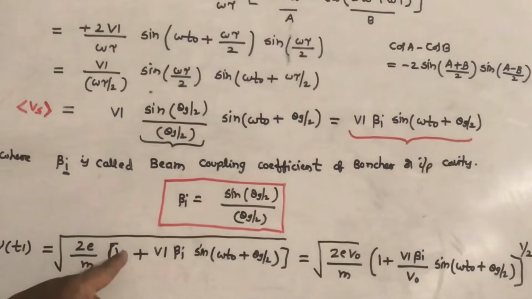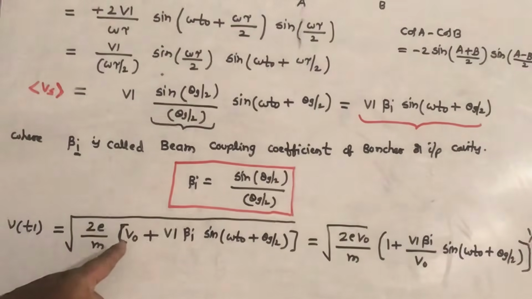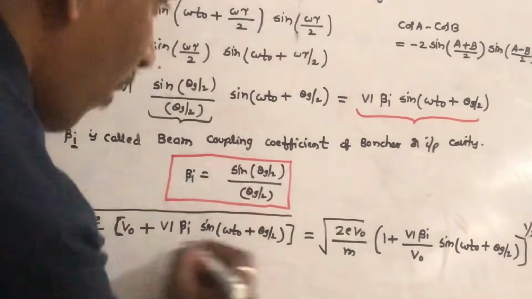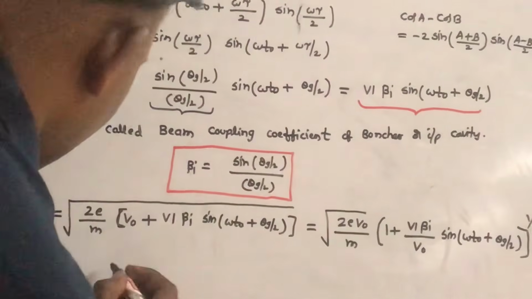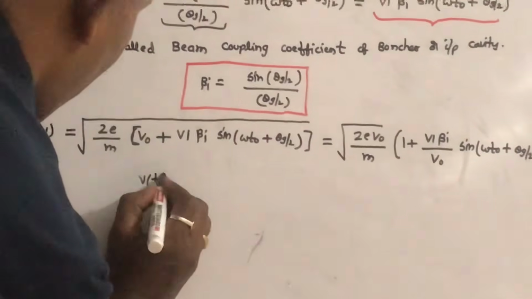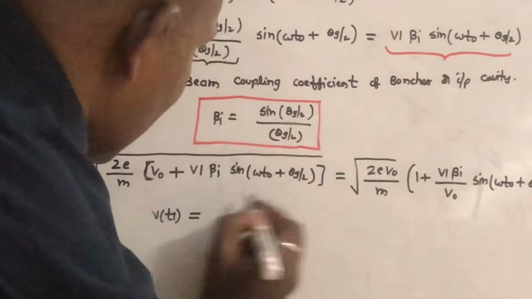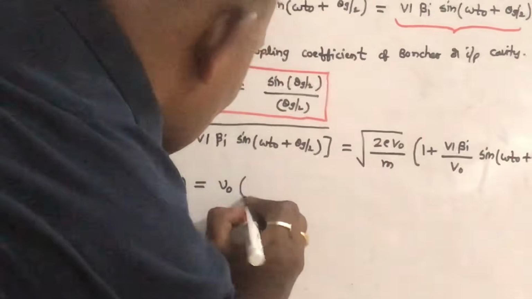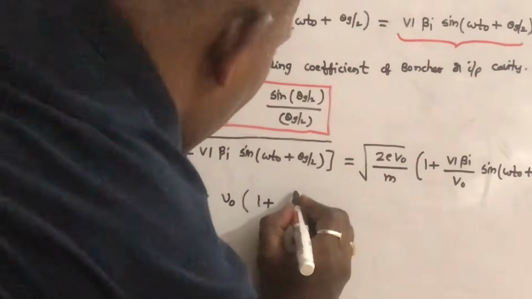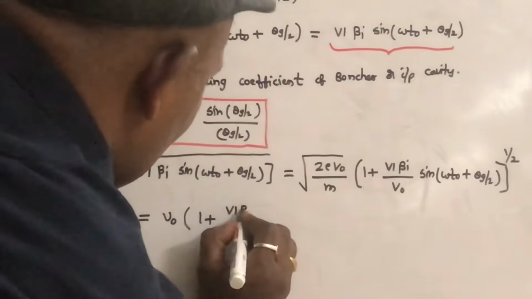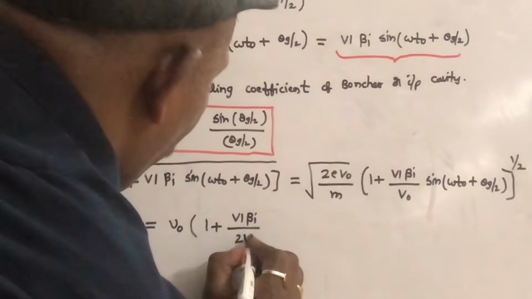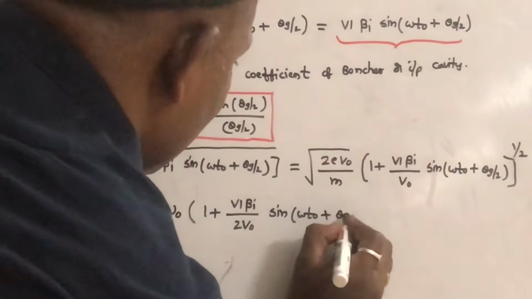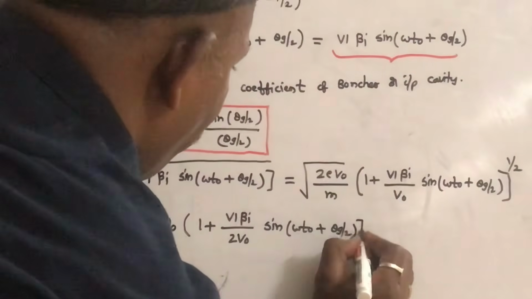So we take V0 as common, take this term outside, and the rest of the term is raised to the power 1 by 2. Now use the formula 1 plus x whole power n. The velocity after leaving the cavity gap is given by v0, the DC electron beam velocity, times 1 plus nx, that is V1 beta I by 2 V0 sine omega t0 plus theta g by 2.